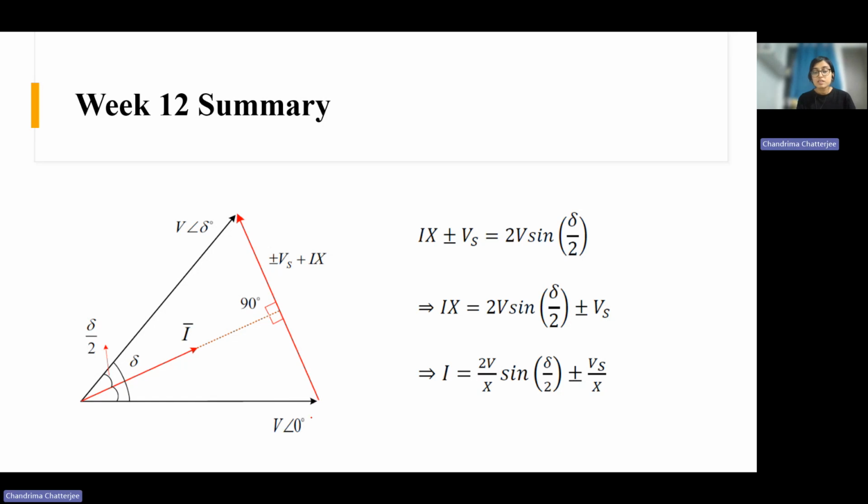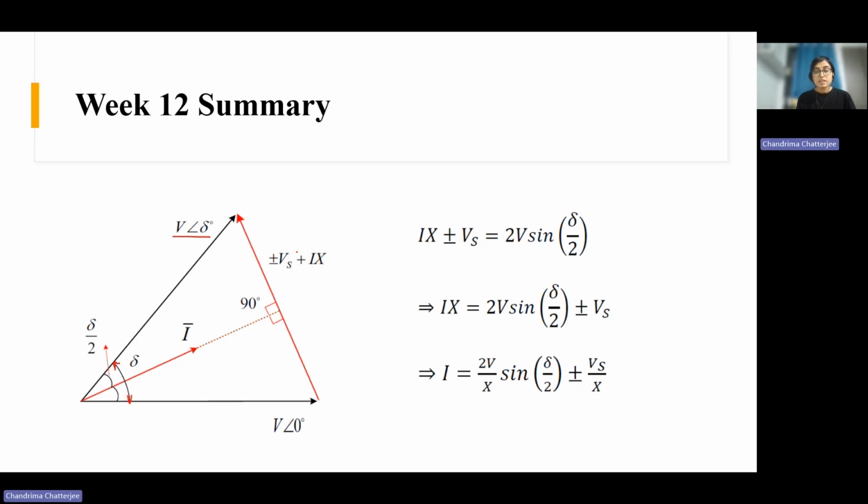This is V angle 0, the receiving end voltage, and there is a phase angle difference of delta between the sending end and the receiving end voltage. This is the sending end voltage, and this whole angle is delta, from here to here.